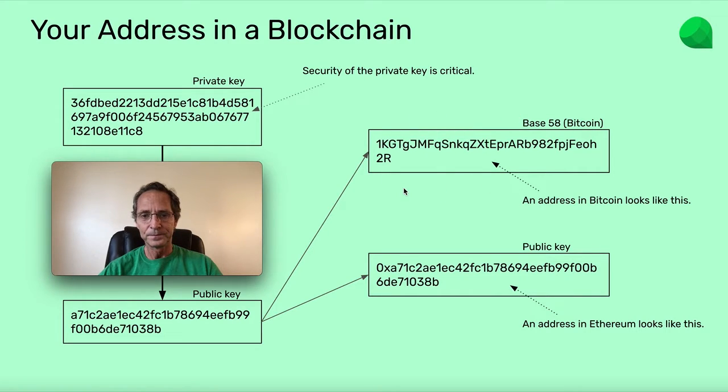So addresses look more or less like this. There's other formats, but they look more or less like this. In the case of Ethereum, it's simpler, Ethereum and Ethereum Classic, because it's the same public key, but they just add a 0 and an X in front. So this is why your addresses on blockchains don't look raw like in this format, but they're shown in this format in blockchains.